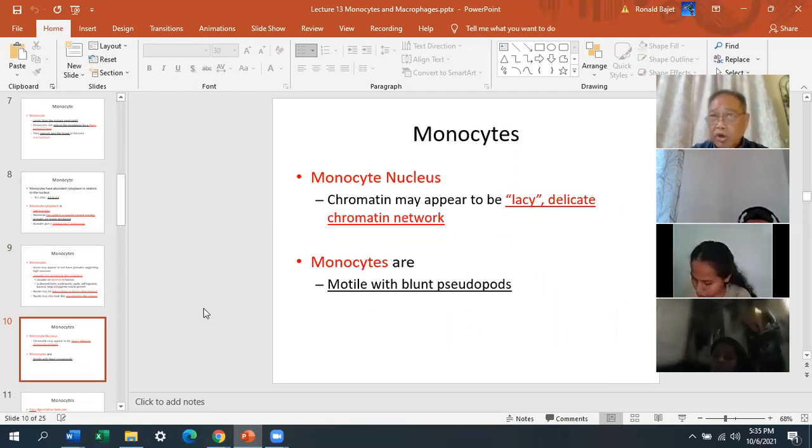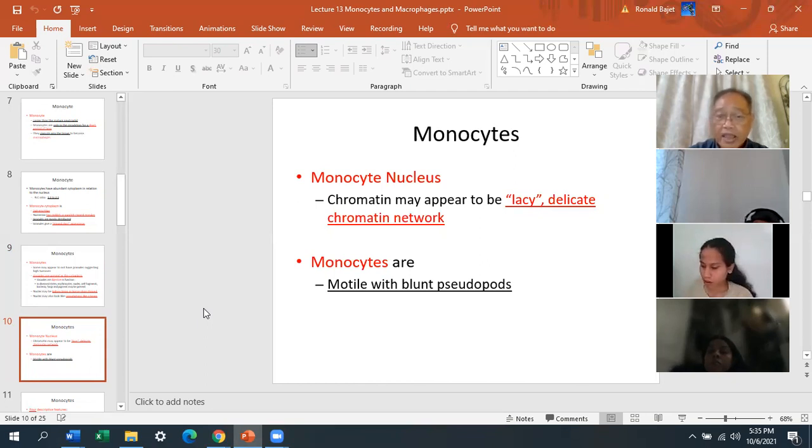Remember, the lymphocyte is dark, coarse, and almost solid. It's coarse clumped. The chromatin of a monocyte nucleus is lacy, kind of spongy looking. That's a monocyte. And it also has folds. It's not as rigid as a lymphocyte nucleus, because those are the two distinctions. Lymphocyte nucleus is hard, solid. A monocyte nucleus is flexible and lacy looking.